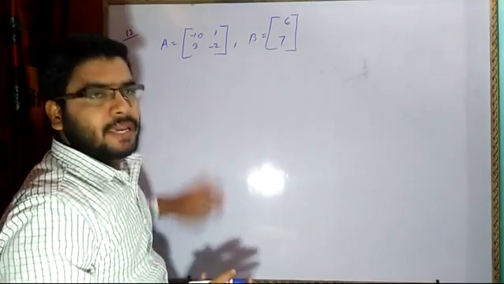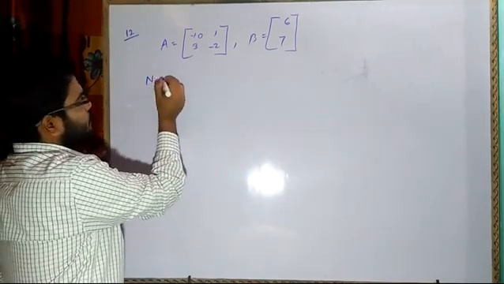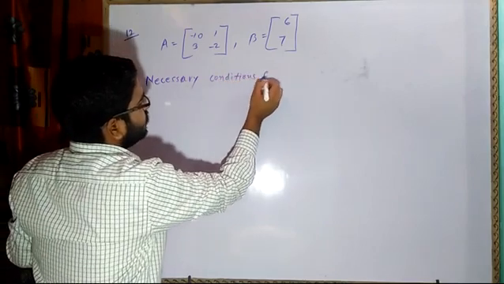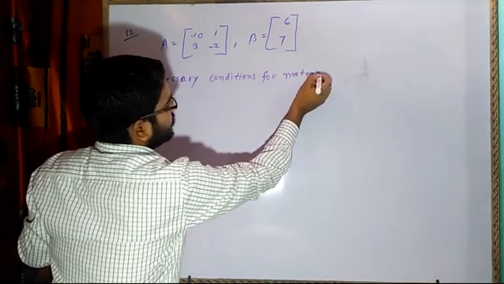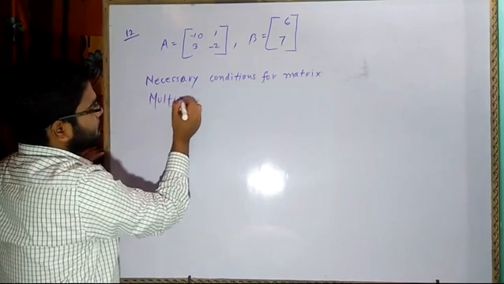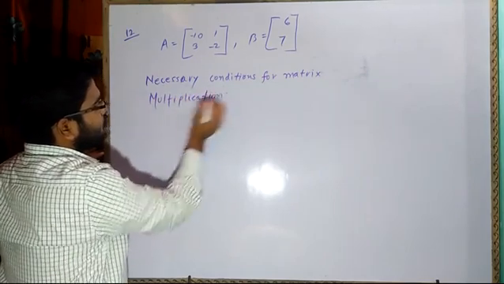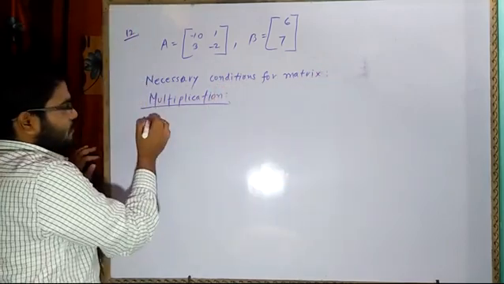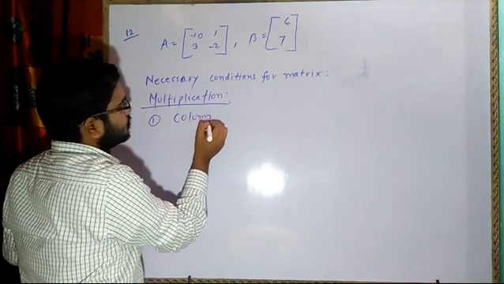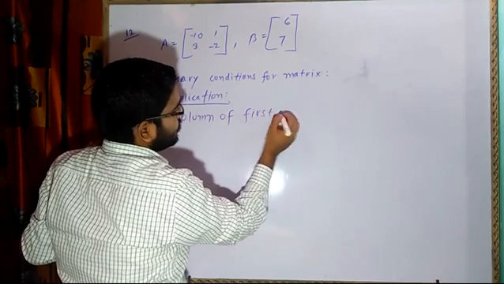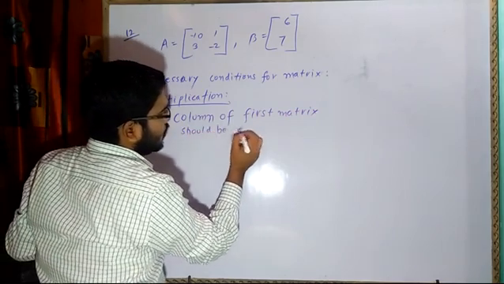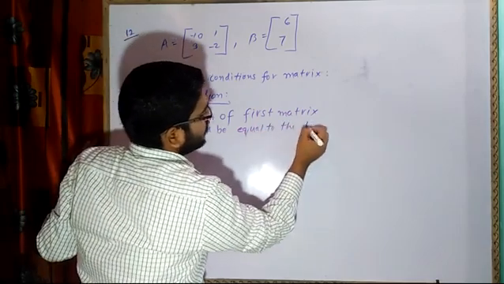Now the necessary condition for matrix multiplication, the very first condition, is that the columns of the first matrix should be equal to the rows of the second matrix.